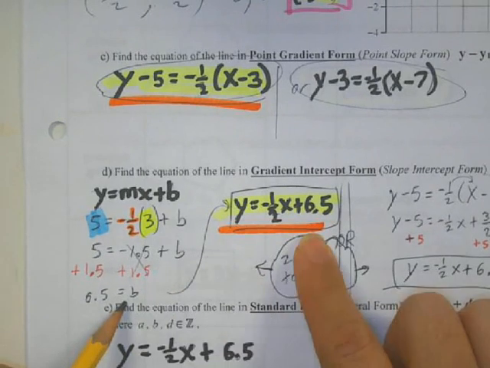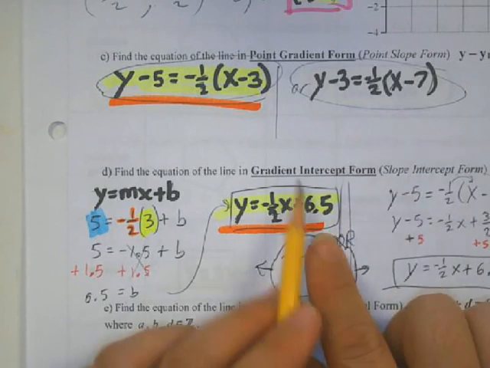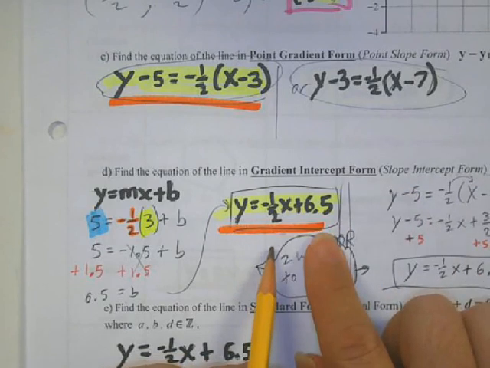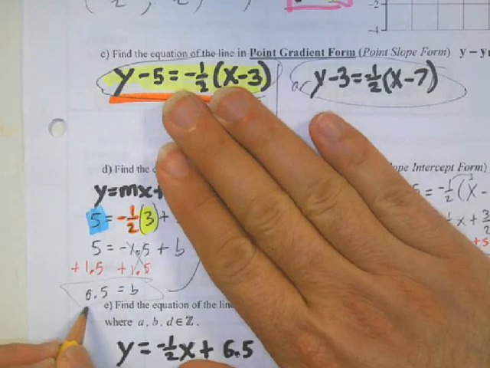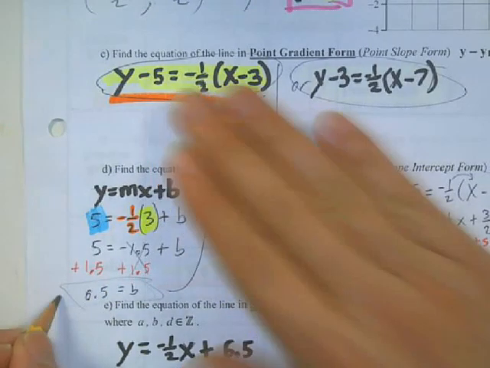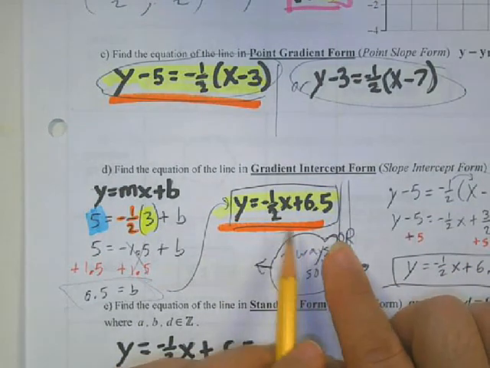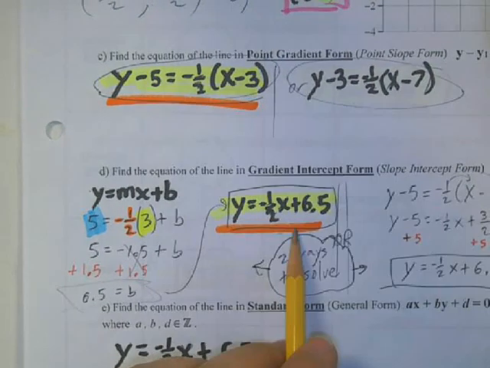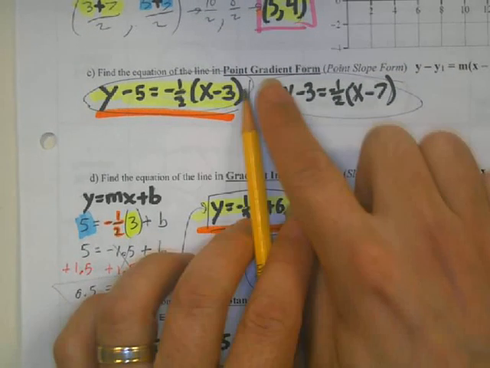And now my equation is in slope-intercept form, or gradient-intercept form. There were people in class that just wrote this as the answer. What you've done is correct, but if it's in slope-intercept form, you have to write it like this. Now, another way to solve this, I think it's a little bit easier: you could take one of these point gradient forms.